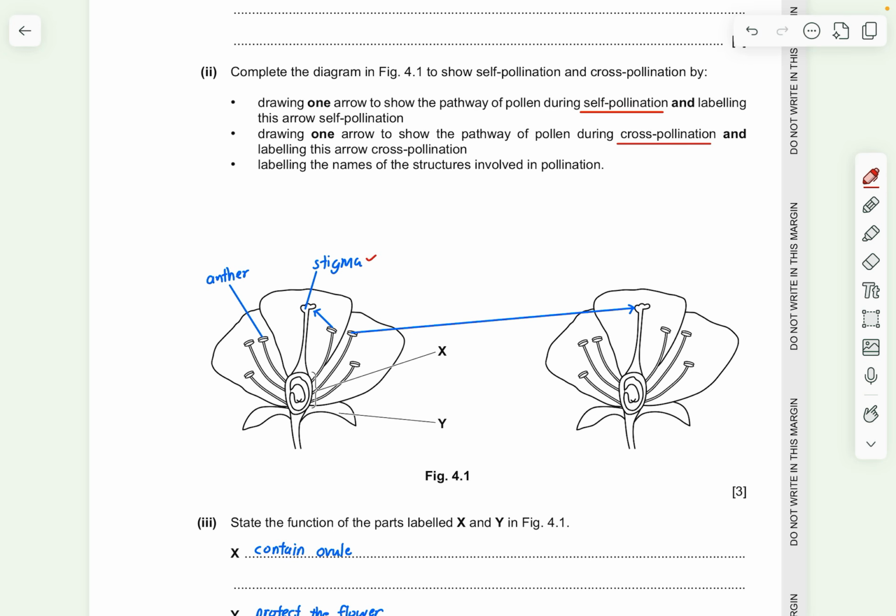So this is the stigma, this is the anther, and now we'll solve for self-pollination: it goes from the anther to the stigma of the same plant. Same plant, automatically same species. So just draw an arrow like this. Well, for cross-pollination, it's a different plant, same species. So just draw an arrow from the anther to the stigma of another plant, but the same species. Okay.